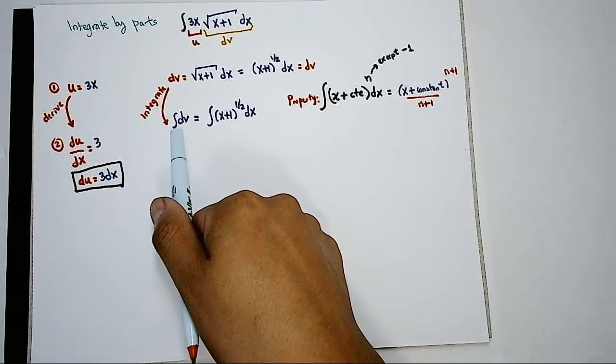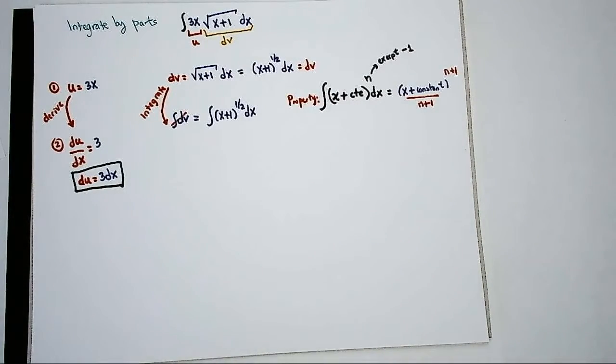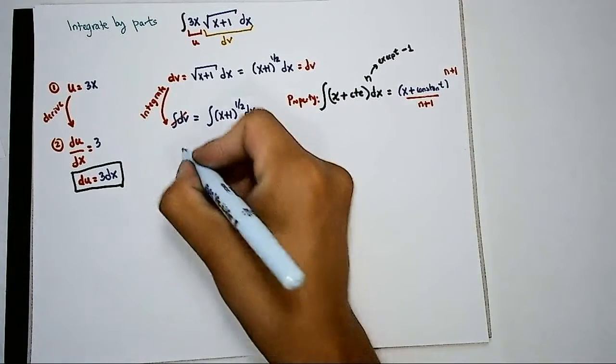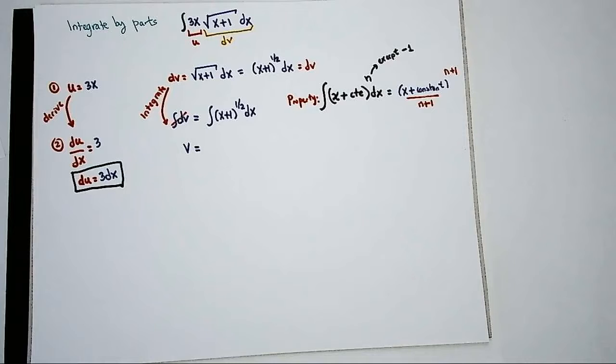The integration of a derivative cancel each other. This is v equals the integral of x to the 1/2, which is x to the 3/2 divided by 3/2.